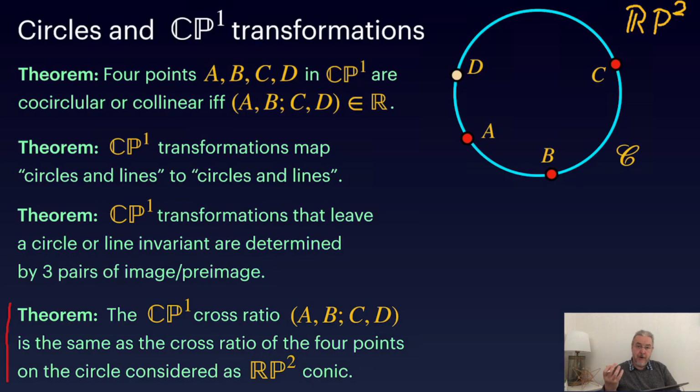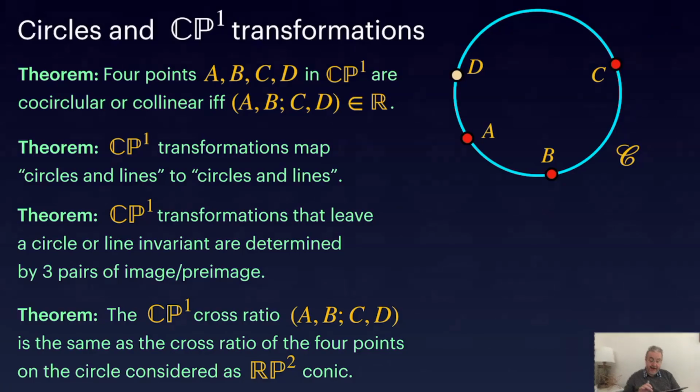So for co-circular points, it doesn't make a difference if you calculate the cross ratio in CP1 or on the conic in RP2, you will get exactly the same number, which tells you that both transformations on the boundary really behave in the same way. And as I said, we will prove that in one of the next lectures.